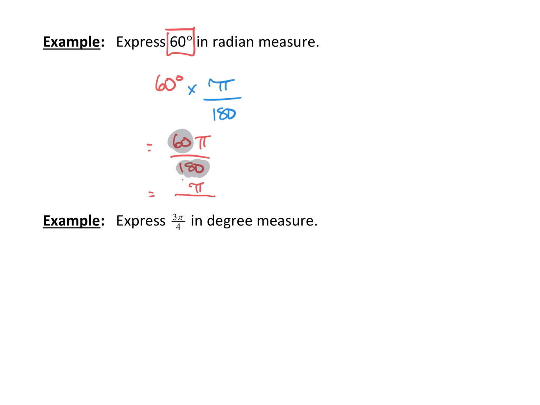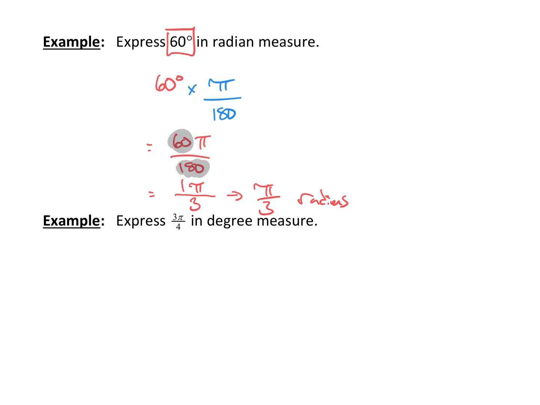So we end up with 1 pi over 3, which is just pi over 3 radians. So 60 degrees is equal to pi over 3 radians. That's how we take an angle in degrees and turn it into radians.